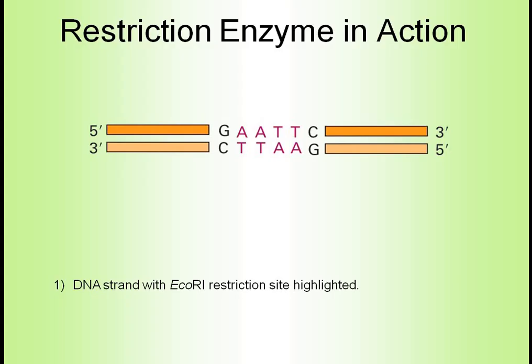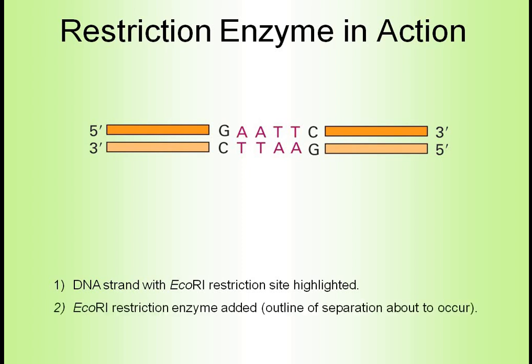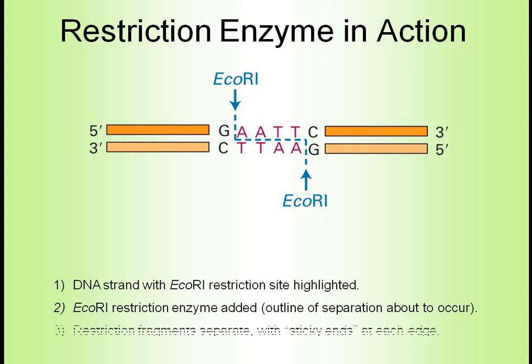So we will see the action of a restriction enzyme using an animation. You have a double stranded DNA here, with the EcoRI restriction site highlighted. How will the restriction enzyme act on it? EcoRI, the restriction enzyme isolated from E. coli, will act on this site.